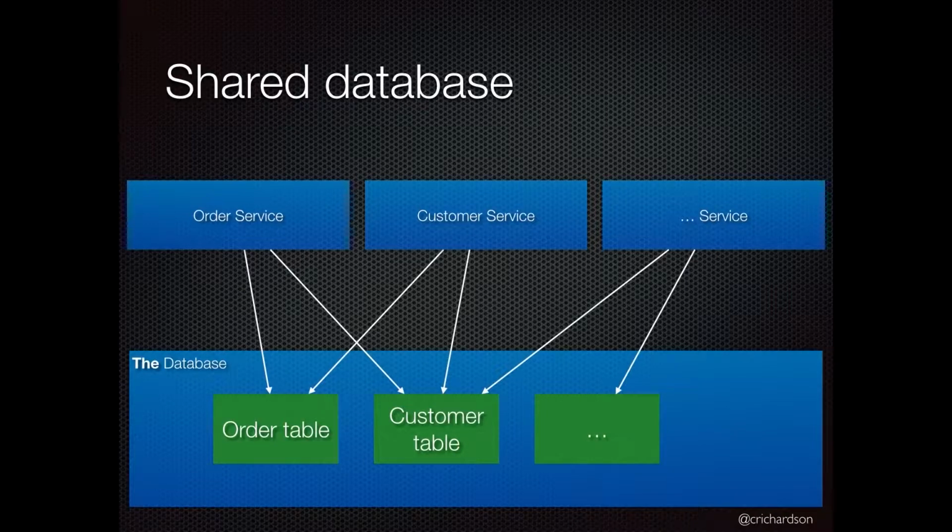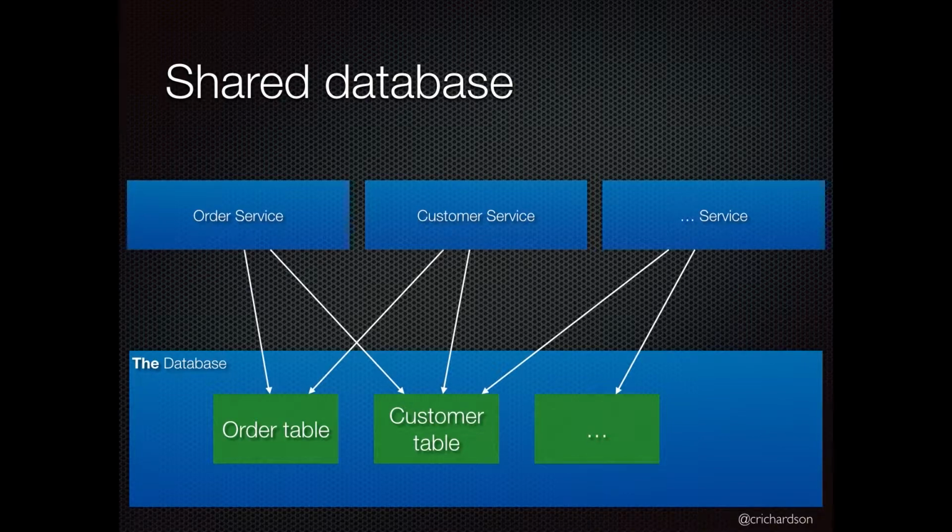Let's look at the shared database pattern. This is a traditional, in a way legacy, approach. We have multiple services, order service and customer service, and we have the database. The order service owns the order table, but it also needs the customer table because it wants to verify that the customer has enough credit.